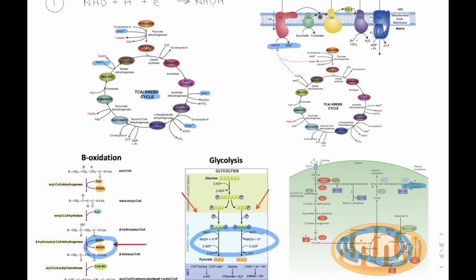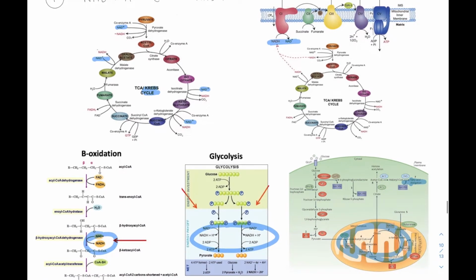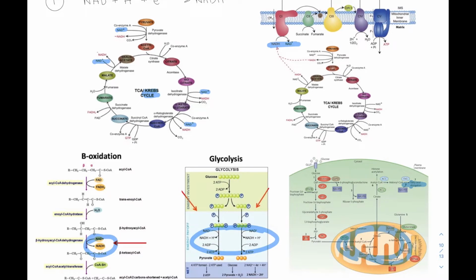It's being used in this electron transport chain, used in beta oxidation, so we're getting our fatty acids catabolized, and glycolysis, and also in this fatty acid elongation. So that's what NAD does in its first function as a cofactor for many of these redox reactions.